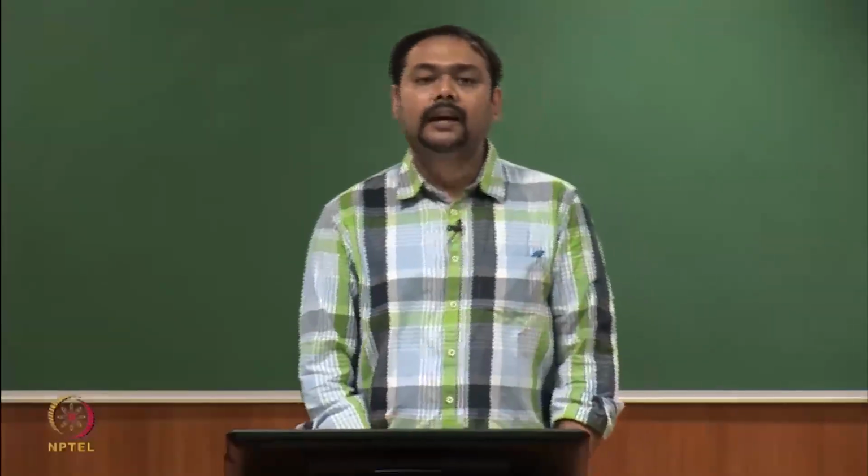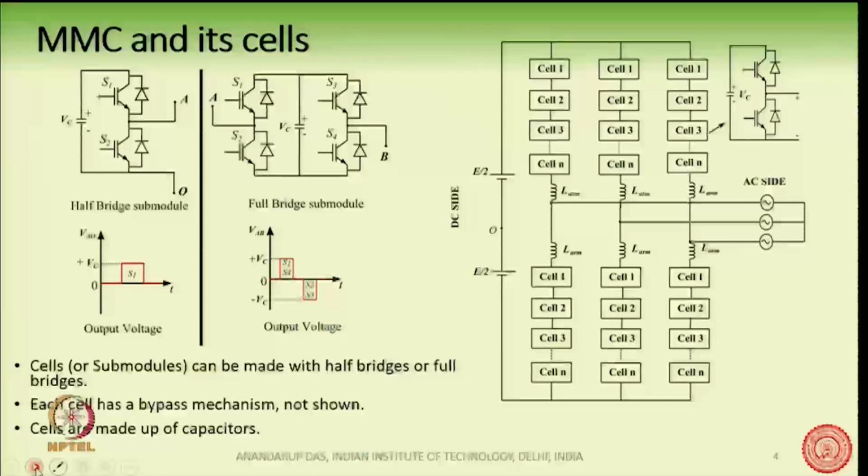So, this arrangement of series connection of cells is not limited to just a few cells. We can have hundreds of cells connected in series, and so the concept of modularity and scalability is very much applicable for the MMC application.